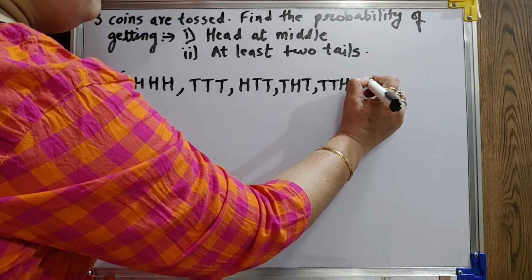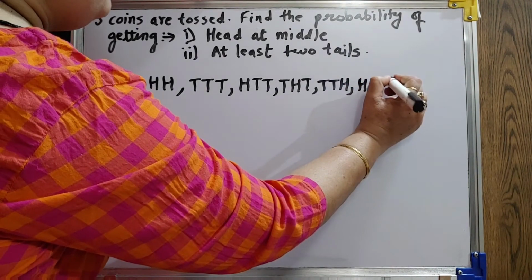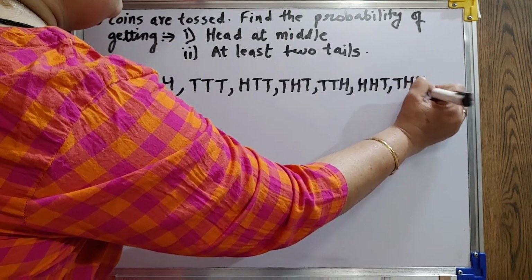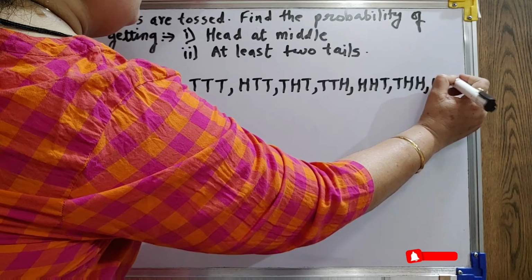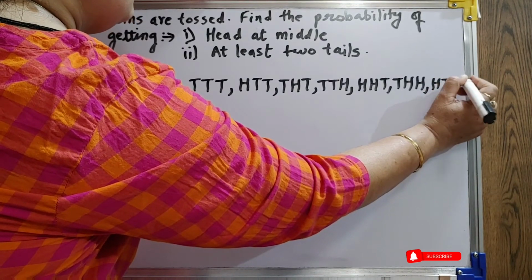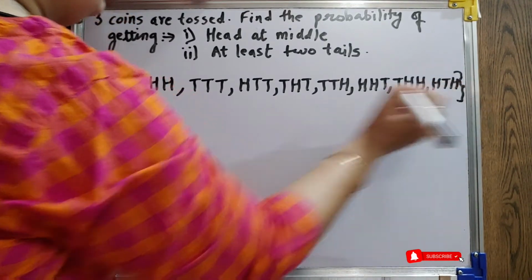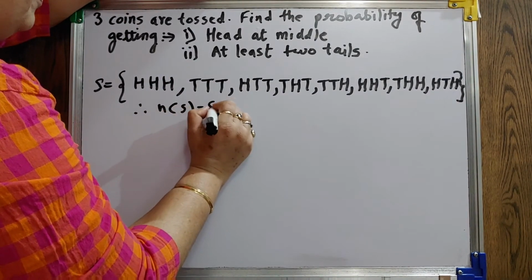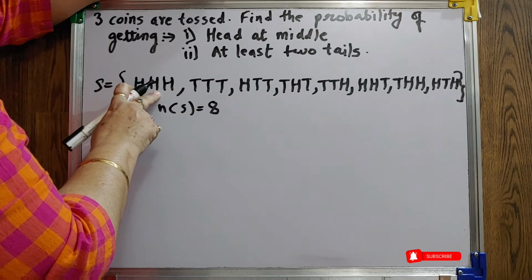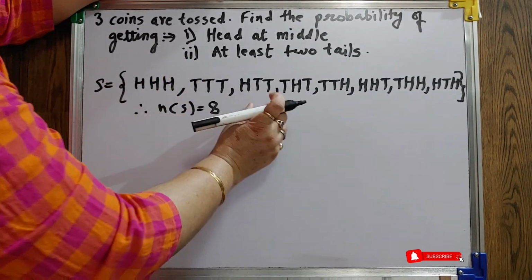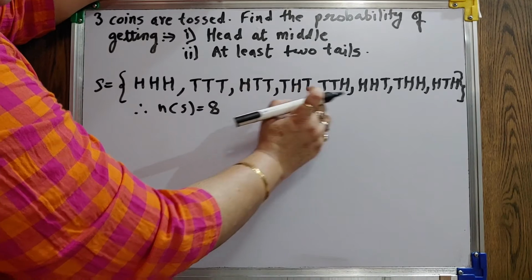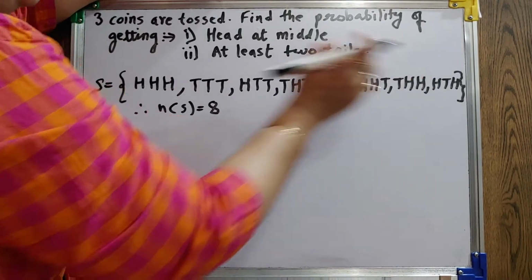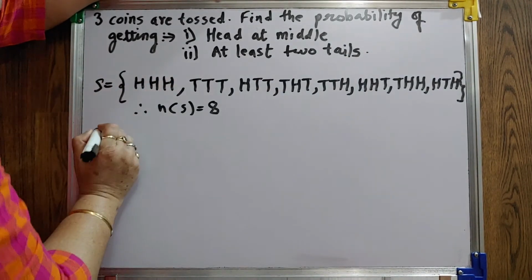If I deal with 2 heads, 1 tail, these are the 3 possibilities. So my N of S is 8.